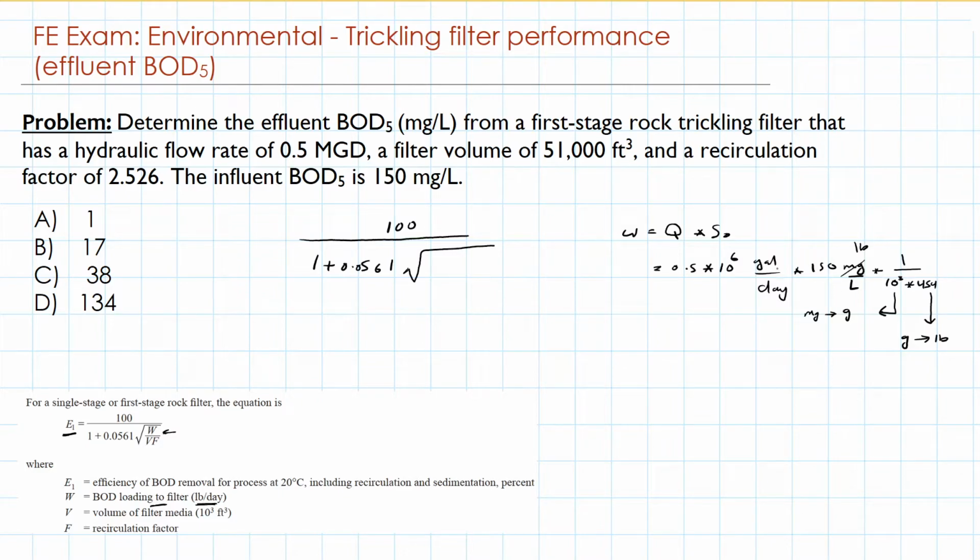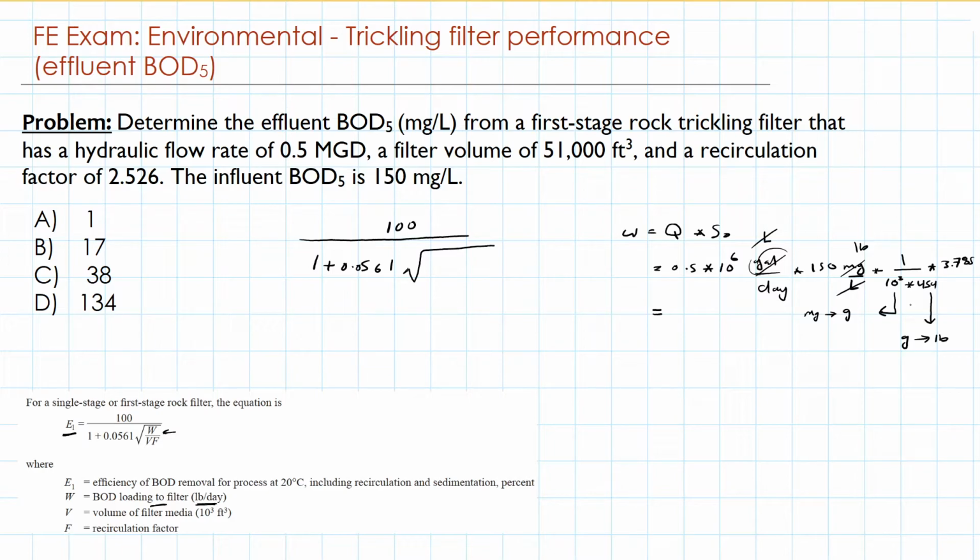We also need to convert the gallon to liter, so we multiply by 3.785. Now it's in liters, and this cancels with this, so we will have the units in pound per day. These factors you will find on page number 3 of the reference manual.